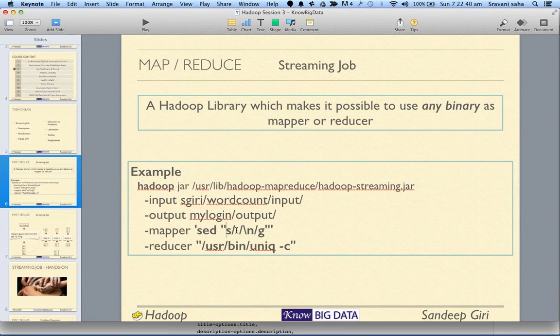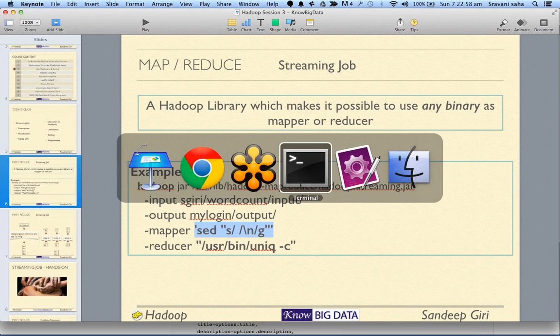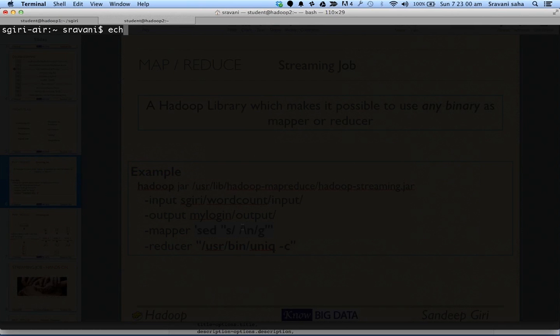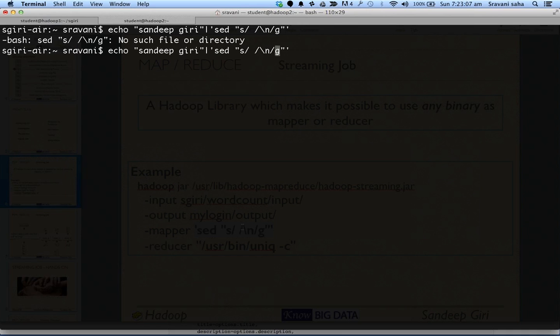So this line says substitute space with new line, and that's all it does. Just as a demo, I say echo Sandeep Giri and pipe it to SED.